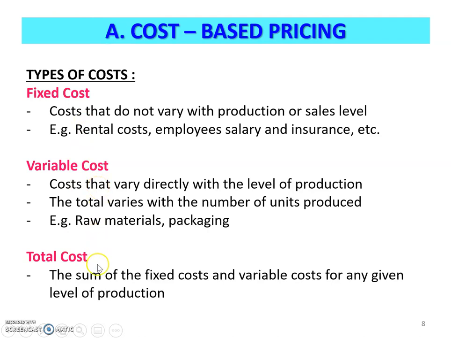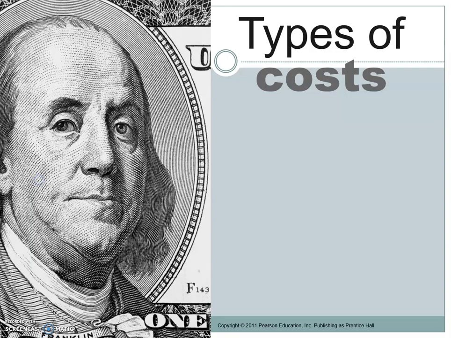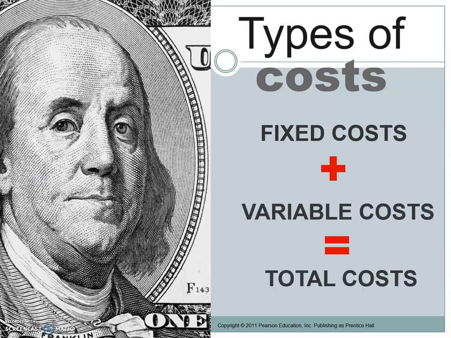Whichever level of production, total cost is the fixed cost plus the variable cost. Fixed cost tidak berubah mengikut pengeluaran, variable cost berubah mengikut pengeluaran, dan keduanya dicampurkan menjadi total cost.